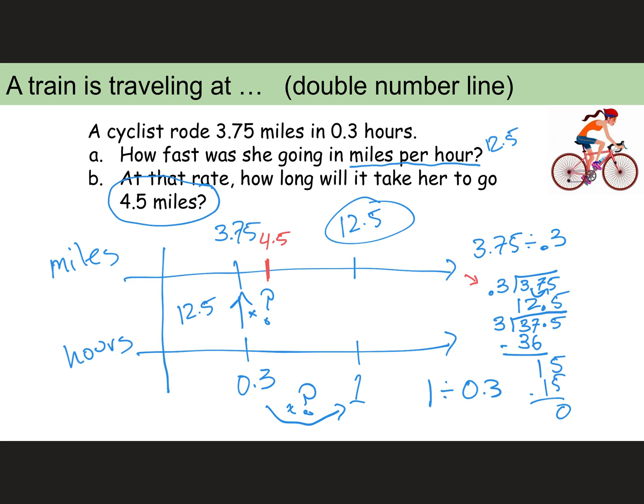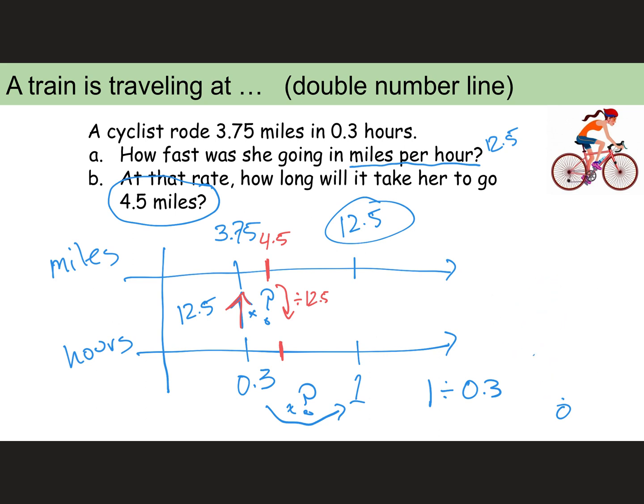So if I'm multiplying by 12.5 to go in this direction, to go back, I'm going to just divide by 12.5, and I can find this solution of how long it's going to take her. I've run out of space here, so I'm just going to erase real quick. All right, now we're back.